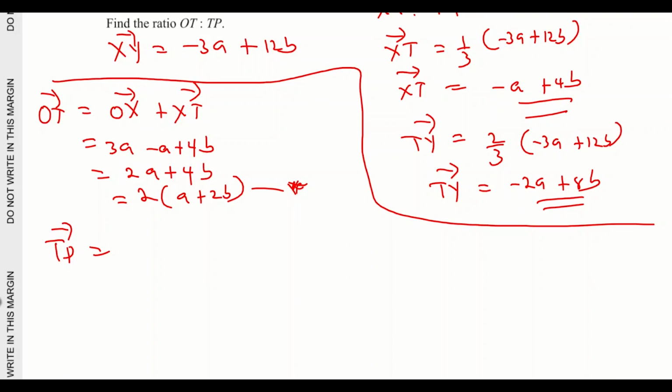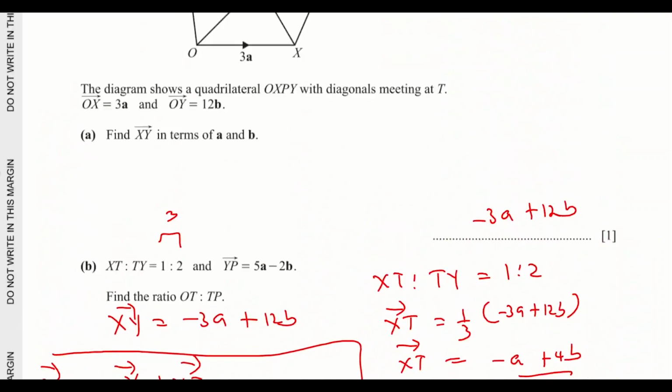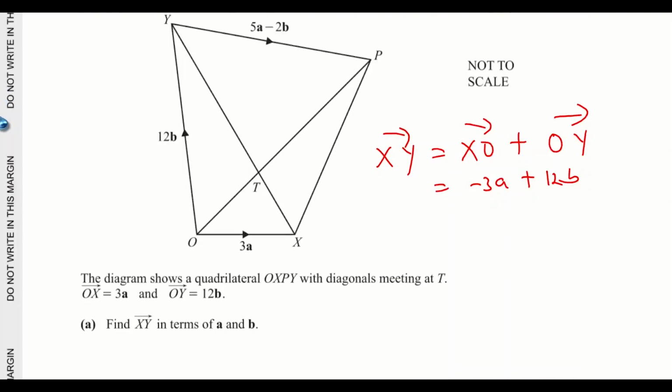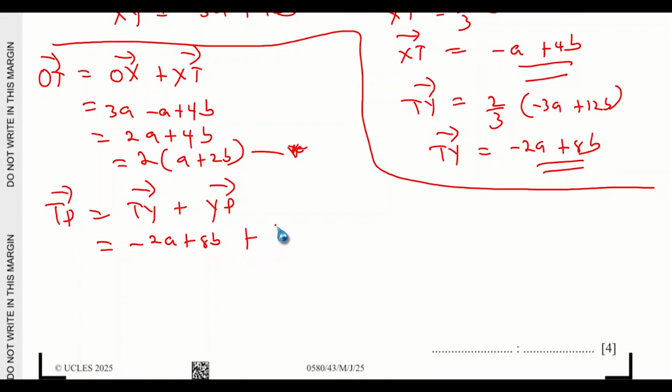So TP equals TY add YP, which is equal to TY, this minus 2a plus 8b, then plus YP, that is 5a minus 2b.